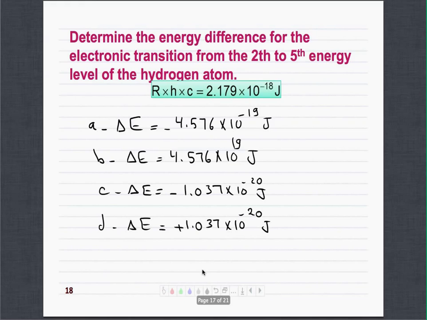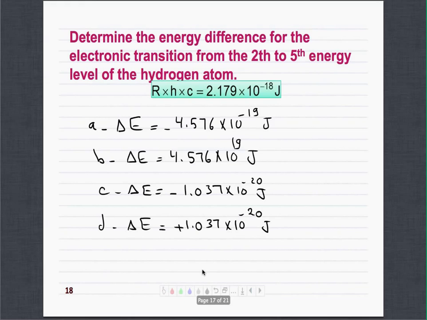Because it's negative. Please send your answer if you did not get it. Yes, B is the right answer.